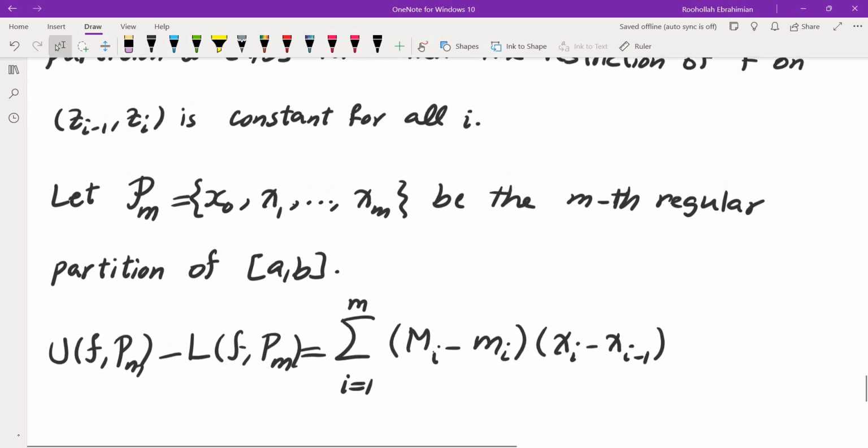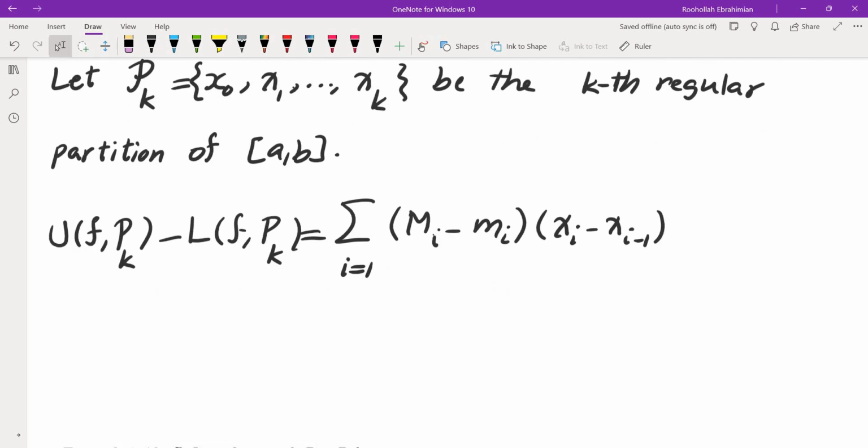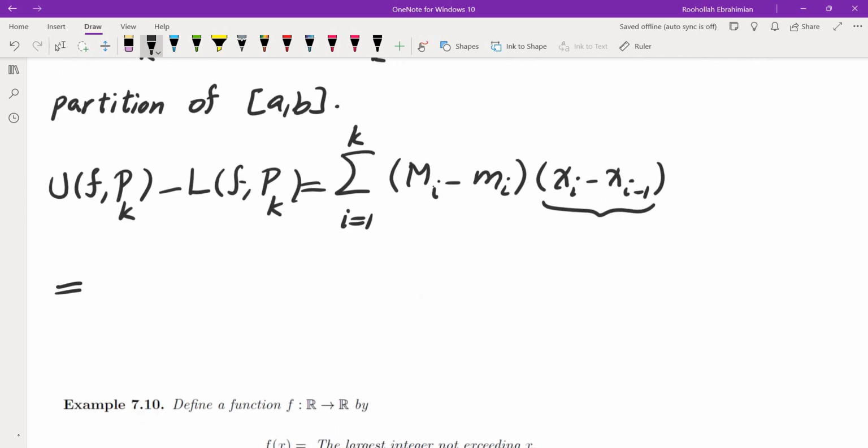And perhaps m is not a very good choice of letters. I'm going to change that to k, just to not confuse it with the m in the infimum. So P_k is the kth regular partition. Now, x_i minus x_{i-1} is (b minus a) over k, so we take that out.